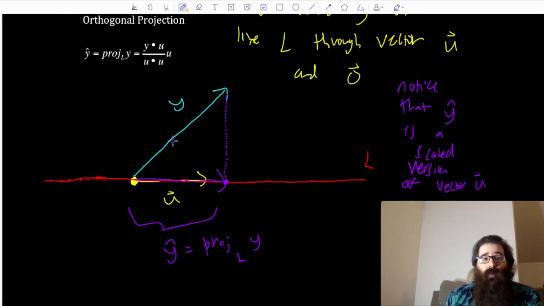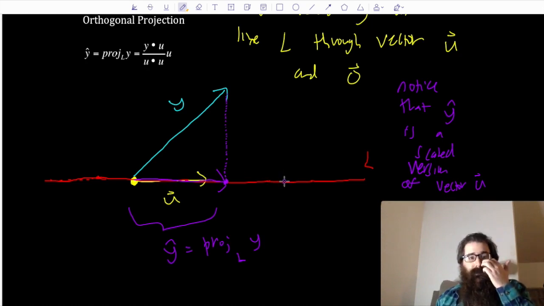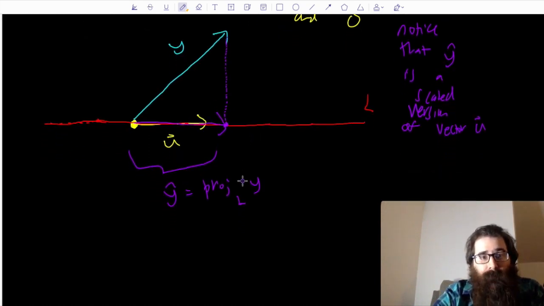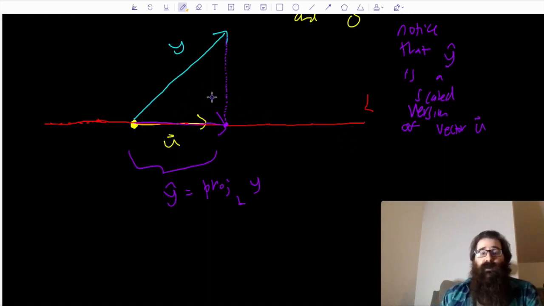And this vector y could have been shorter, and the projection would have been truncated, but it still would be some scaled version of vector u, either smaller or longer, and theoretically it could be exactly the same if it works out that way, but that's maybe not what we're here to talk about. That's a more boring example. But no matter how you slice it, this projection is going to be some scaled version, either longer or shorter, of this vector u.